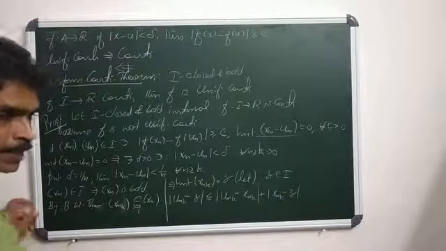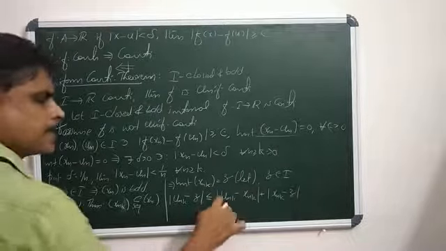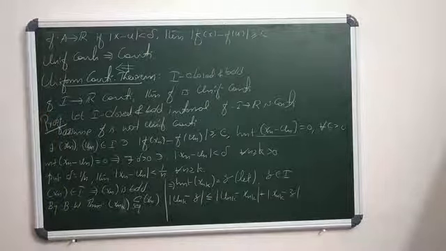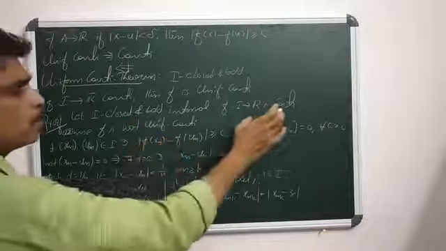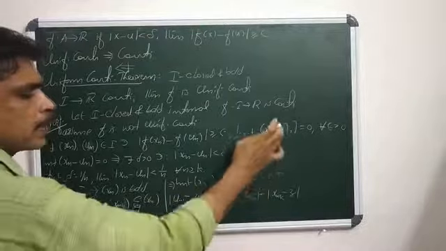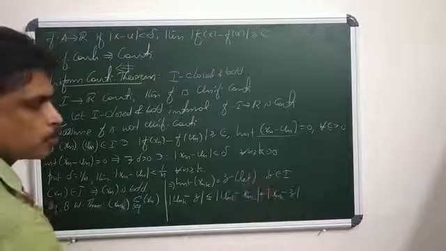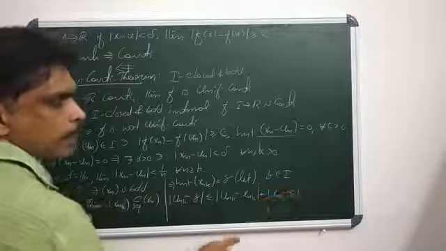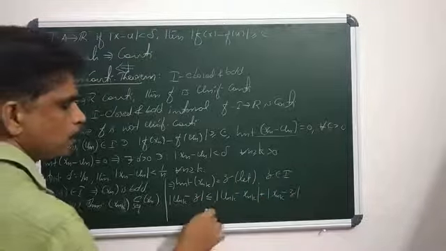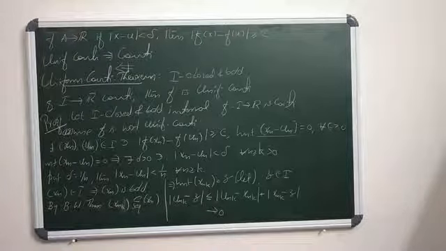You can introduce minus xnk and plus xnk. Then by the triangular inequality, it is less than or equals modulus of unk minus xnk plus modulus of xnk minus z. But limit of xn minus un tends to 0. Since unk and xnk are subsequences of these, modulus of unk minus xnk tends to 0, and limit of xnk equals z. Therefore modulus of xnk minus z also converges to 0. That means modulus of unk minus z converges to 0.